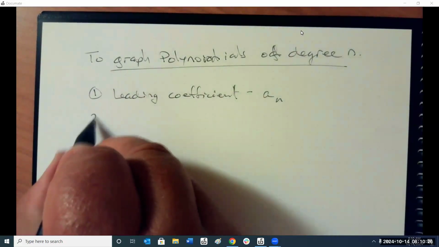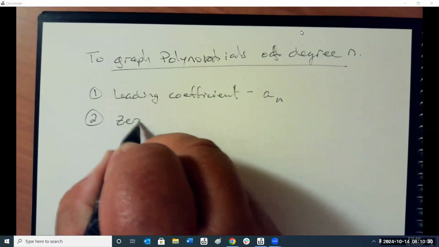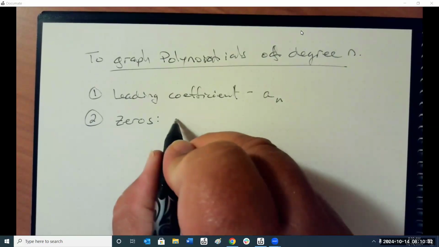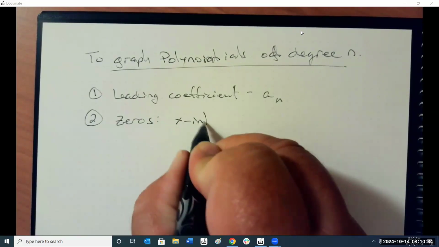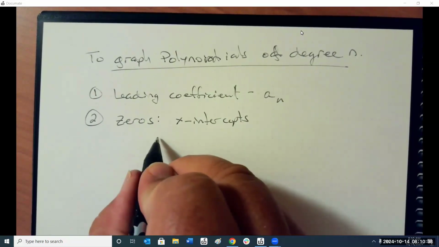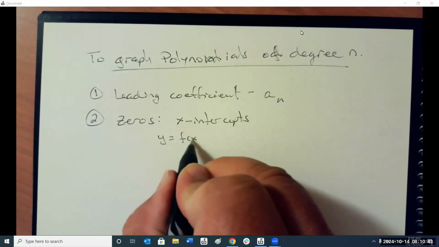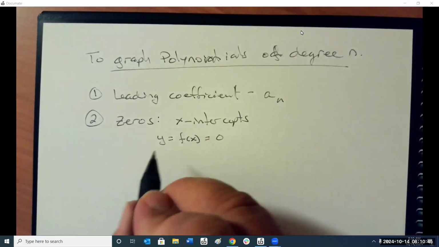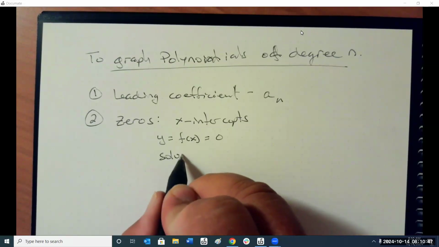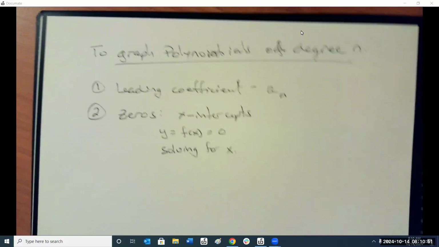That's what we'll call those. We're going to have to figure out what the zeros are, or the x-intercepts. Remember how we find those? We find those by setting the function equal to 0 and solving for x.